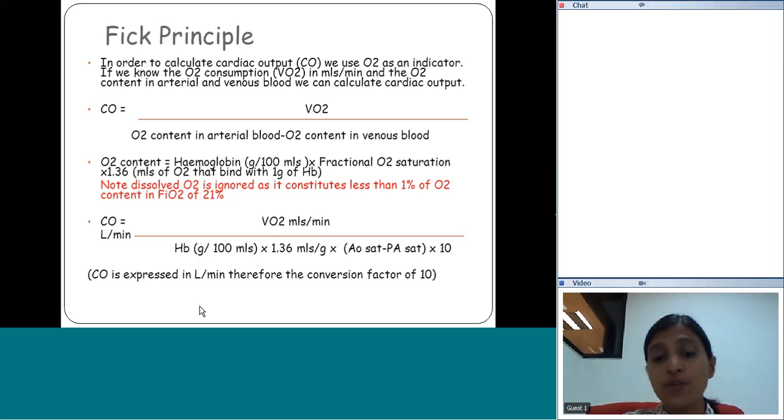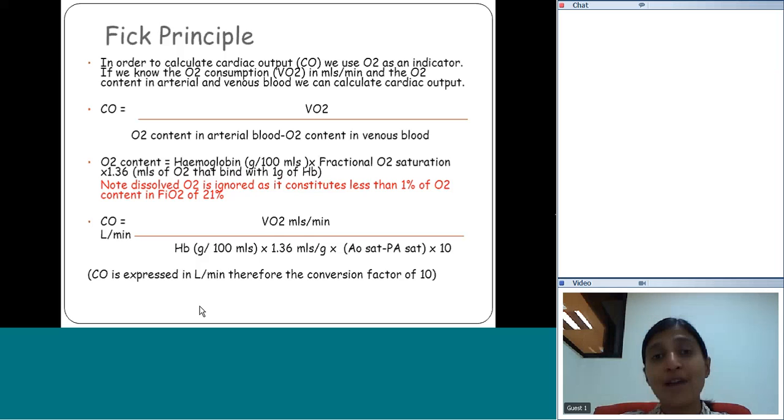But remember that VO2 itself, the very basis of hemodynamic calculation, oxygen consumption, is an assumption. It is not a real measurement. It is an assumption from a table. Now, this table of values was obtained from healthy volunteers, and so how far we can extrapolate these values to various pathological states, we don't really know.